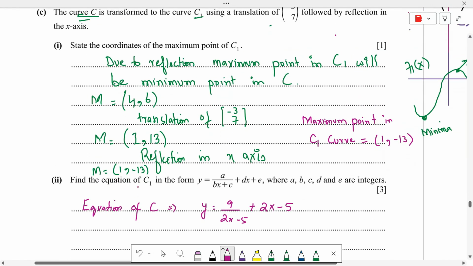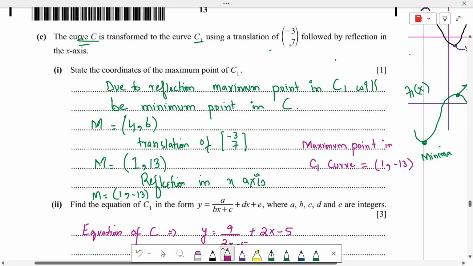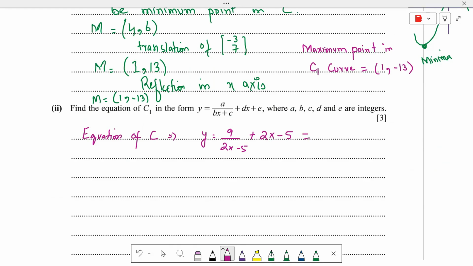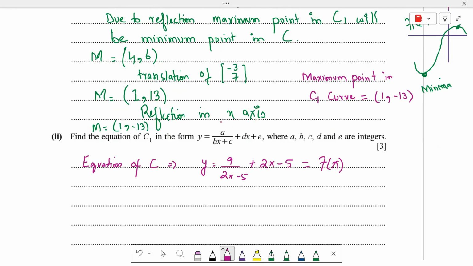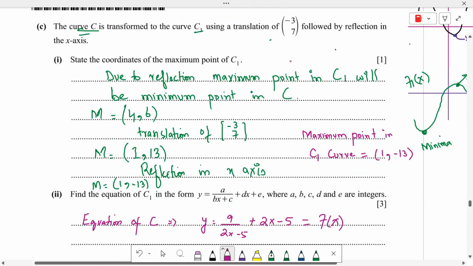C1 has been achieved by transforming C using the translation of (-3, 7). If we call it f of x, this function has been transformed into C1 by the translation of (-3, 7).